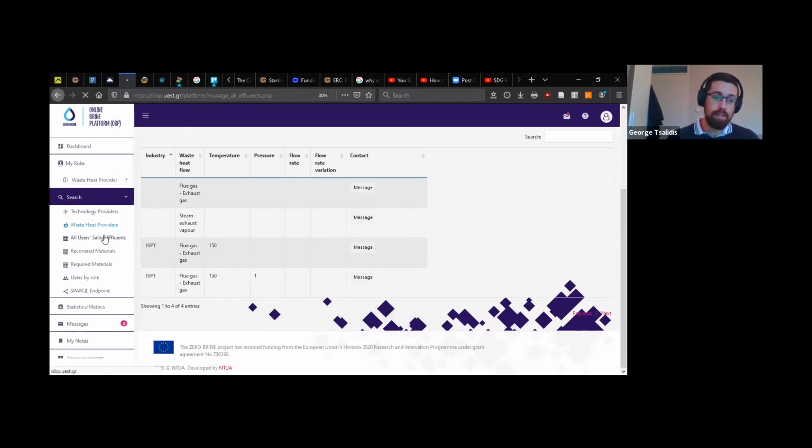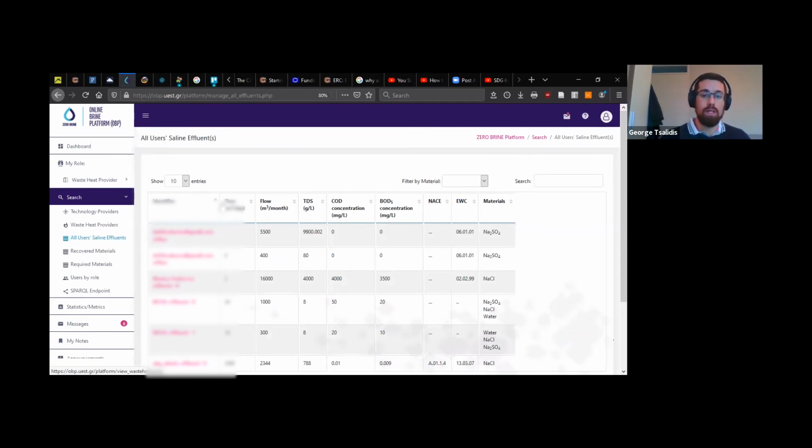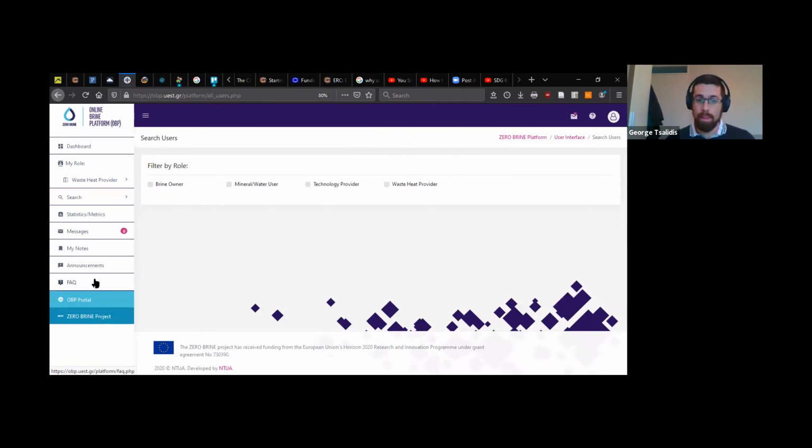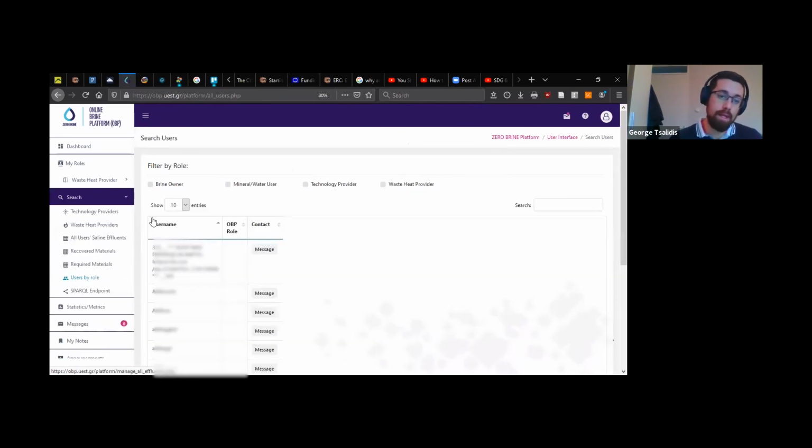And regarding saline effluents, here there is of course more information, and I can filter them by material. The same for the required materials. And if I go to the user by role, I can yet again filter everything based on the different roles, one or more. I can search, I can ask to show me more than 10 entries per page, etc.